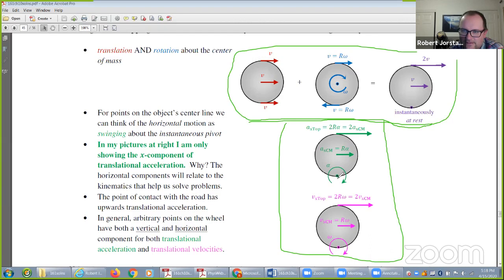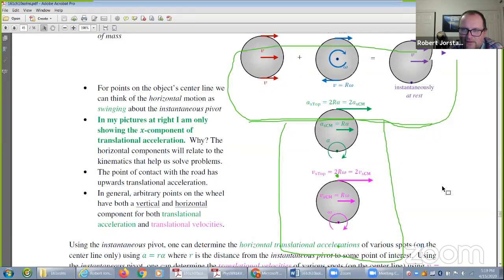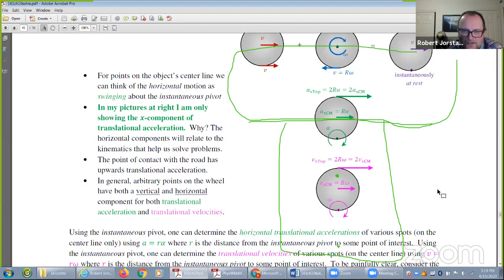It's the mathematical trick that we're doing. You're choosing to either view the center of mass as the rotation axis, or to make the instantaneous pivot the rotation axis. Once you make that decision, you have to choose your math correctly based on that.